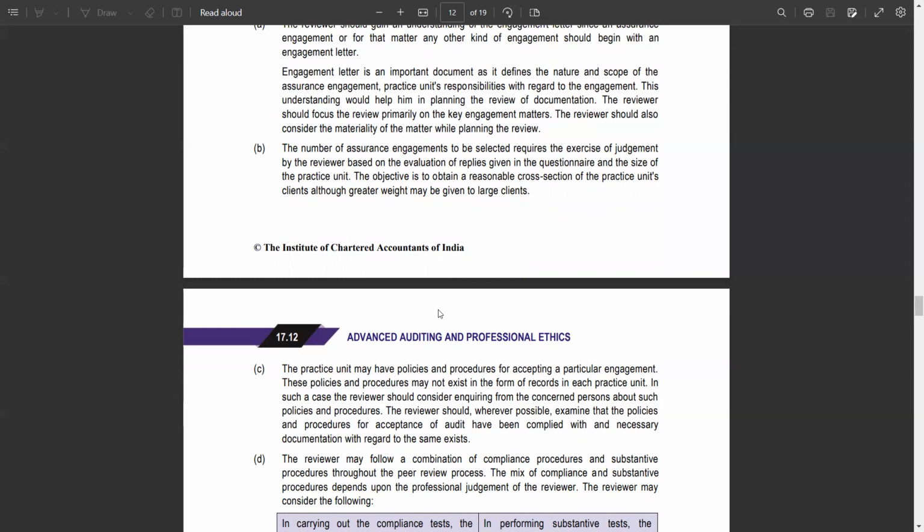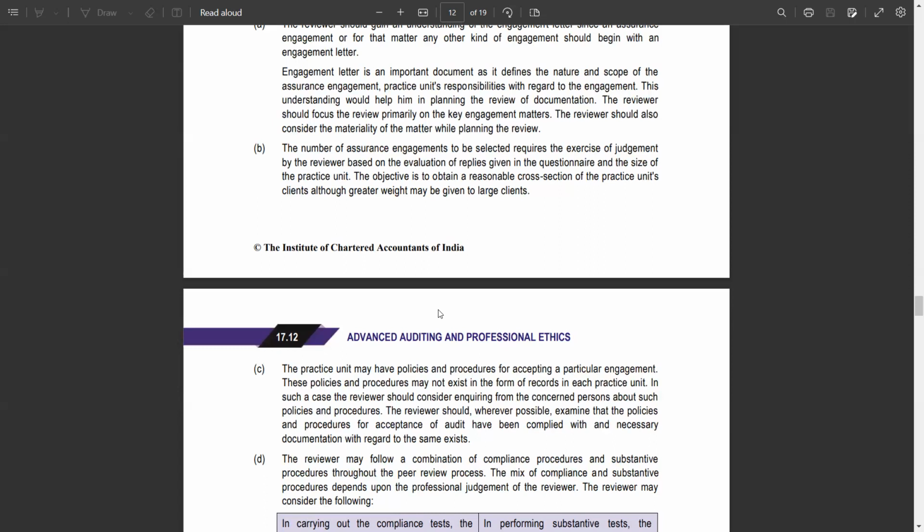And lastly, you will evaluate the records, considering whether any significant issues were identified during assurance engagements, how they were resolved and addressed, and whether they have been documented or not. Any evidence and reasonableness of conclusion: whether the evidence obtained by the practicing unit and the conclusions reported in the audit report are consistent with each other.